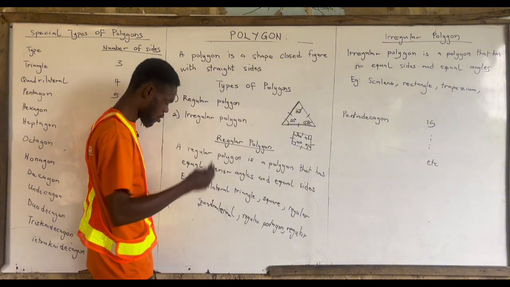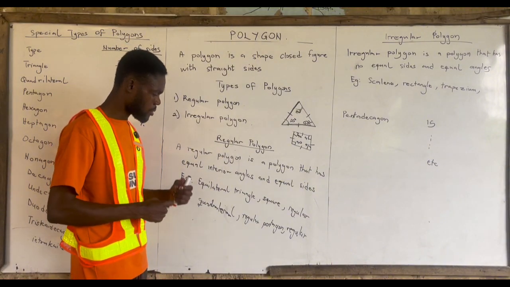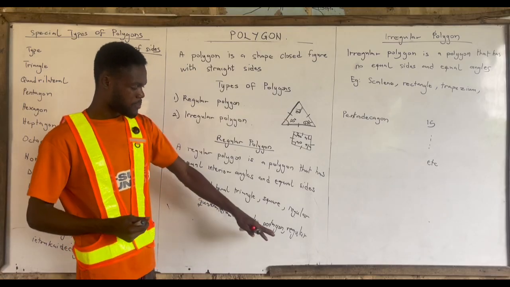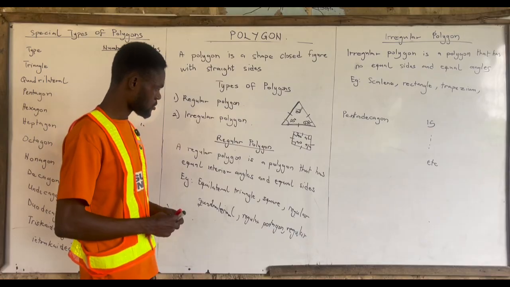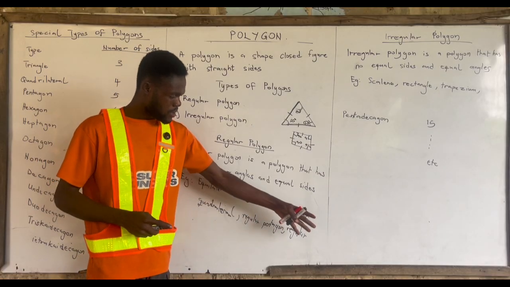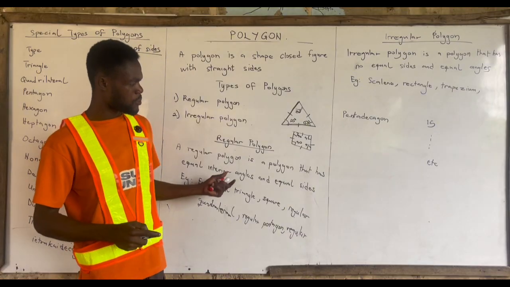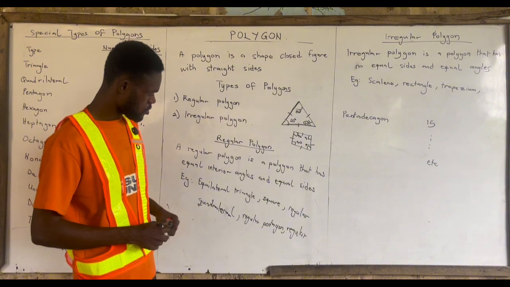They are all examples of regular polygons, because a pentagon can be regular or irregular. Okay, so that is it. I will show the examples of regular polygon and irregular polygon on the screen for you to know.